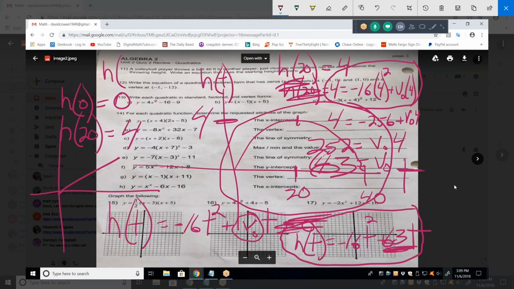The vertical component is going to be the sine of that angle. The horizontal component is going to be the cosine of that angle. But the net result is that v sub 0 is the vertical velocity.